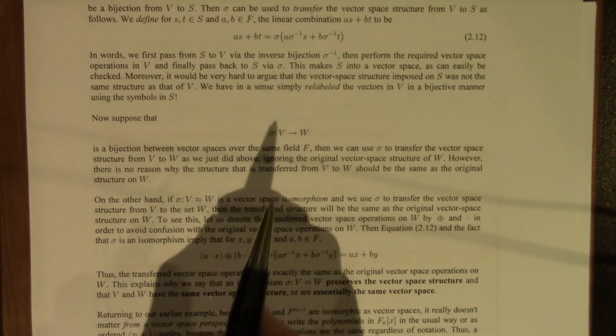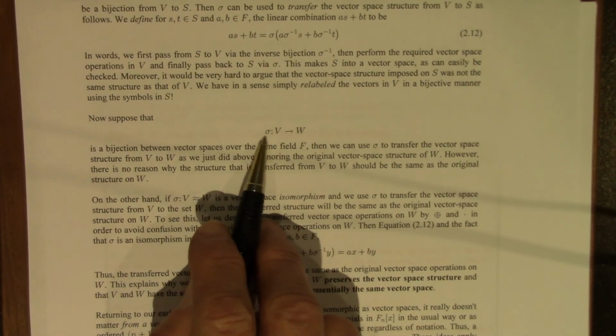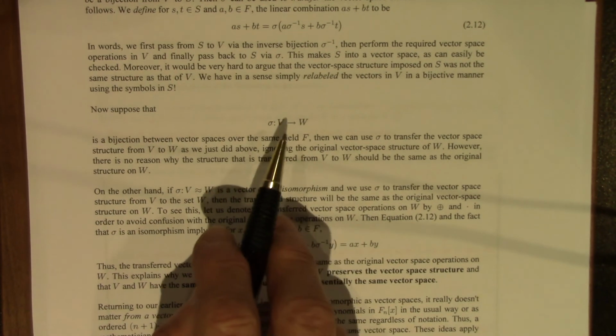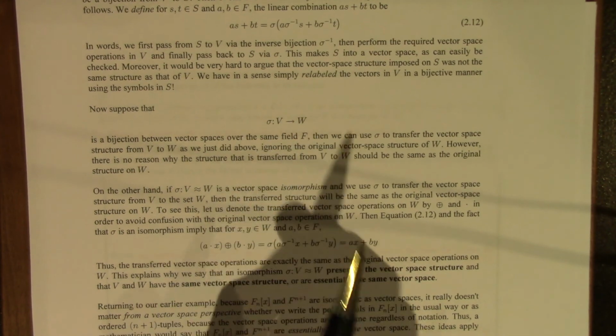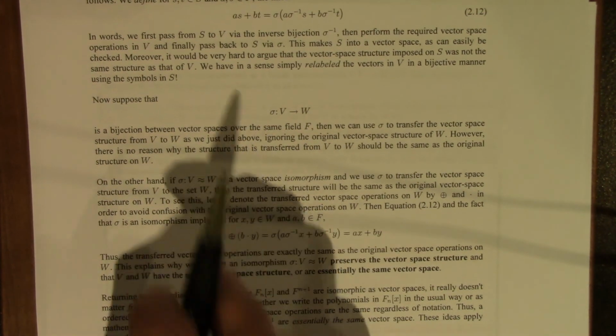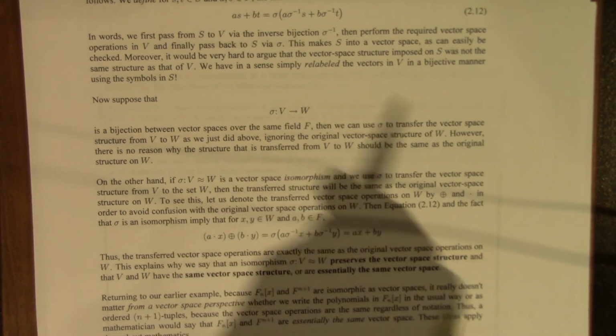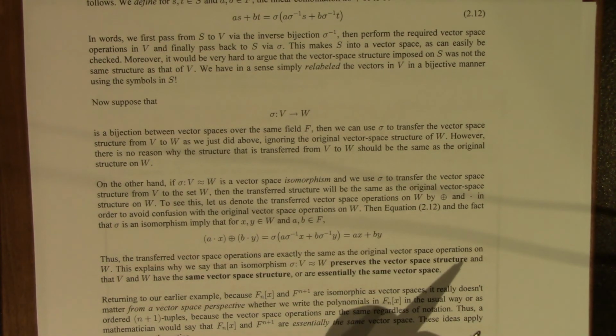But what if sigma was an isomorphism, not just a bijection? And we transfer the structure from V to W, so W has two structures.